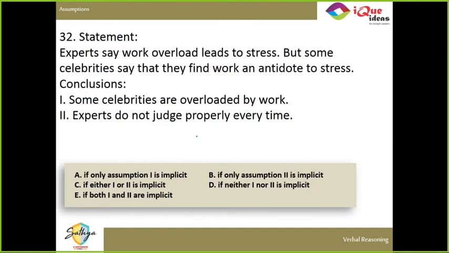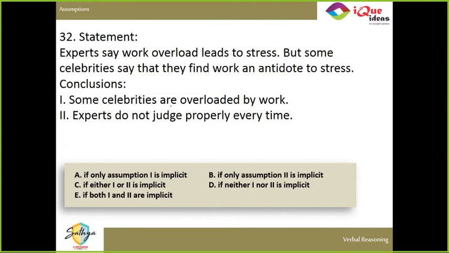Next. Experts say that work overload leads to stress. But some celebrities say they find work an antidote to stress. Antidote means dawai. Experts say that too much work is stress. But some celebrities say that if you work, it is an antidote, it is a medicine for stress.